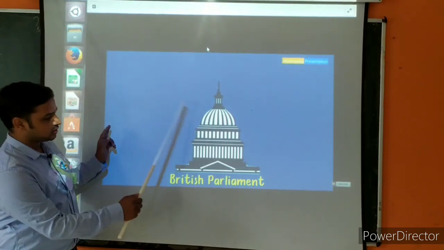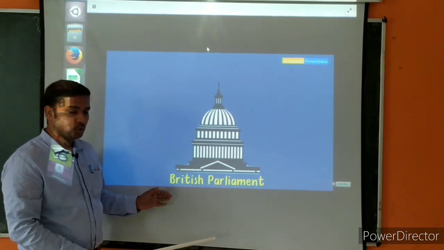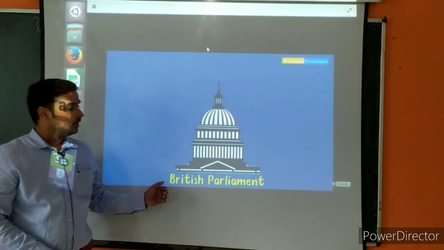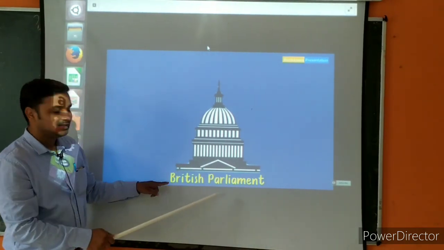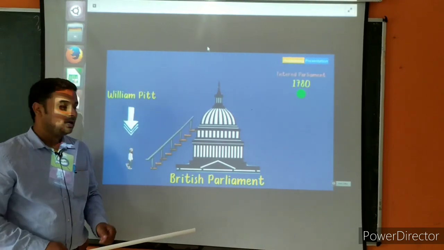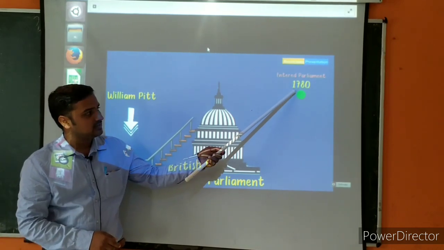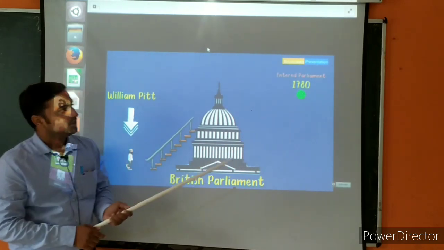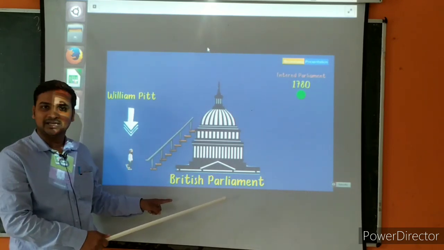So this is the structure of the British Parliament. It is important to show this before you because Pitt's India Act was generated from this structure, that is, the British Parliament itself.